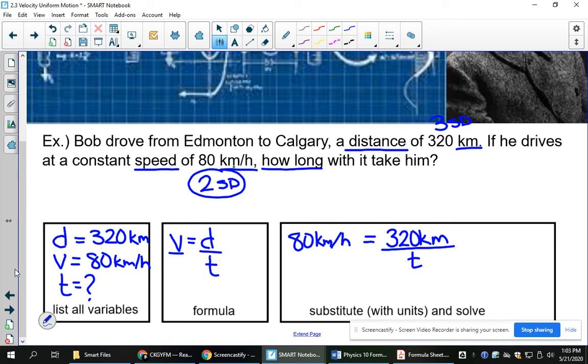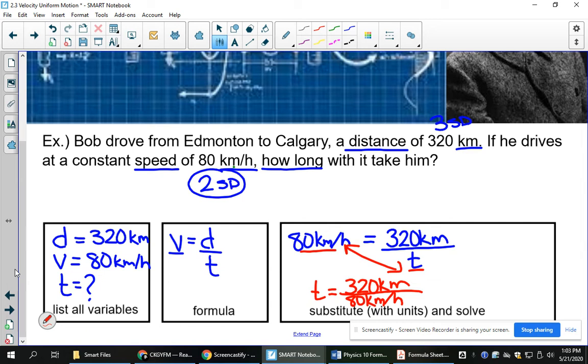I'm going to do it horizontally just to show the algebra a bit better. Now, we learned this algebra already in trigonometry in our math unit. When you have a variable on the bottom and a number over here, the algebra is that these switch places. So time comes over here. The number in the top stays, and the number on the bottom is going to be the 80 kilometers per hour.